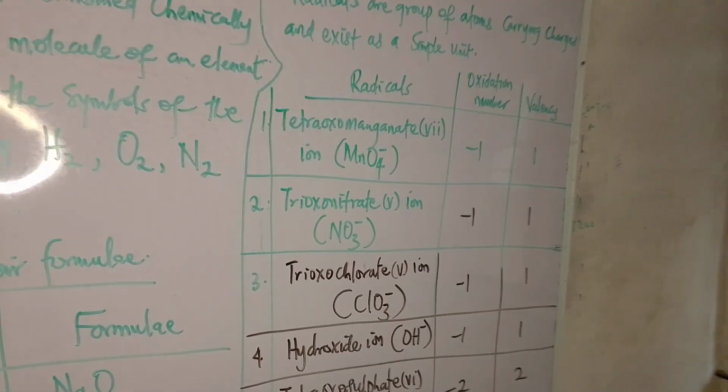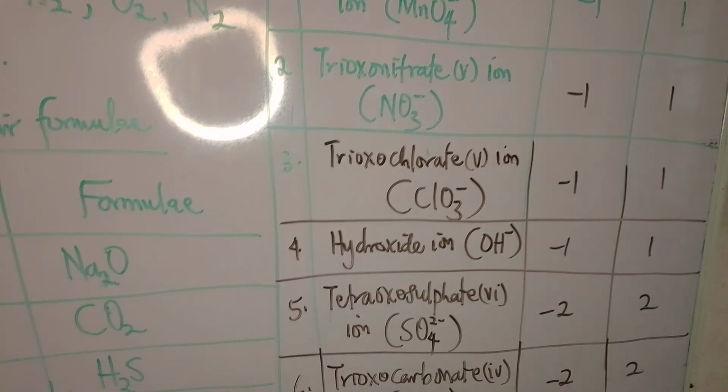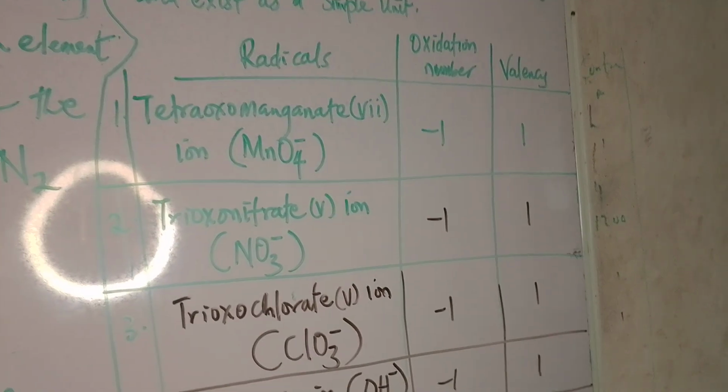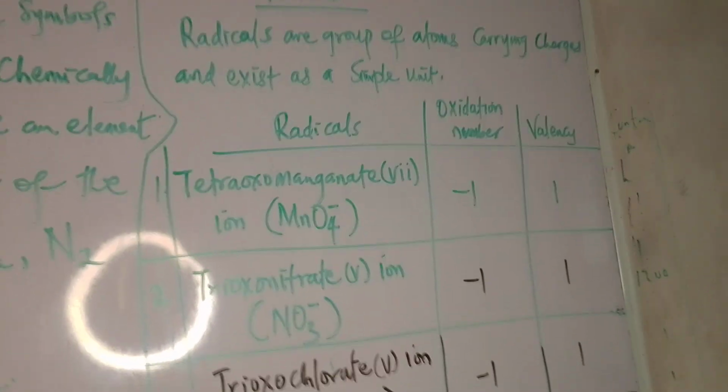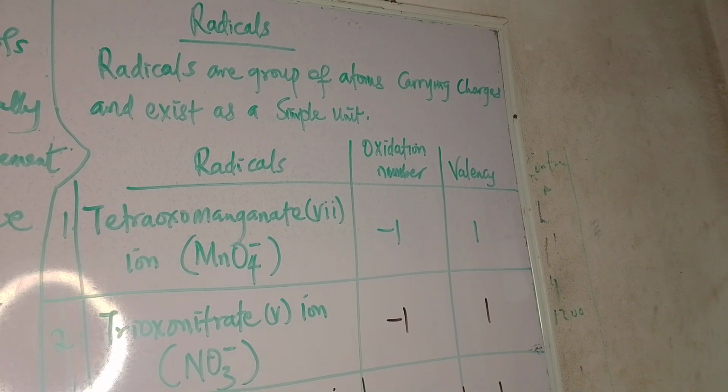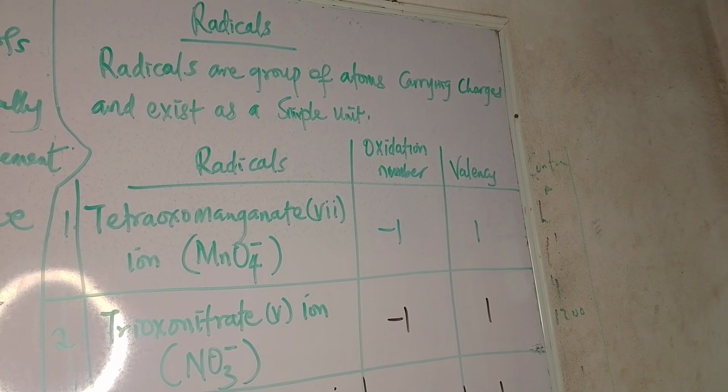Can you see radicals on the screen? Radicals are groups of atoms carrying charges and exist as a simple unit.